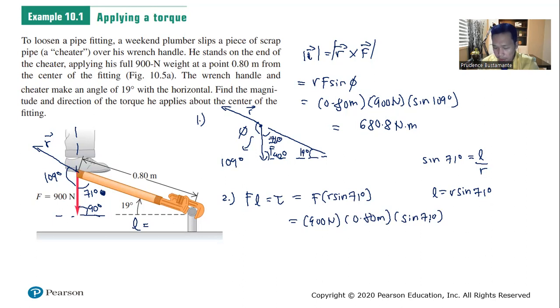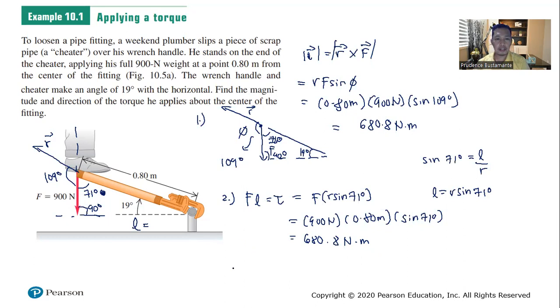So we have 680.8 Newton meter. We use Newton meter, not joules, because this torque is not an energy or a work.